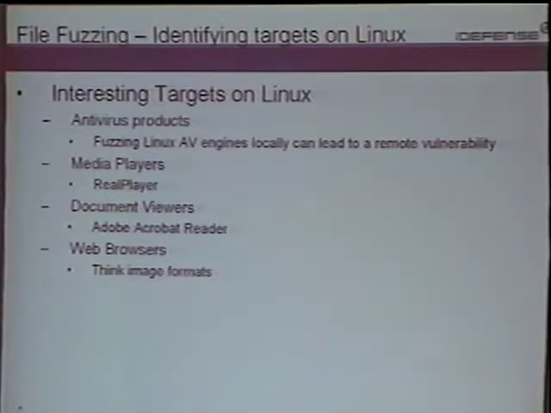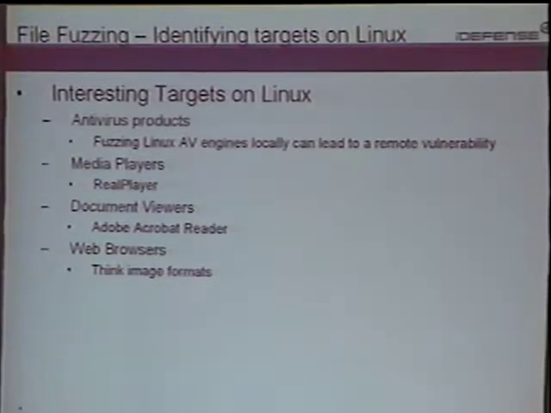Okay, so finding targets on Linux is a little bit different than Windows because you're not necessarily targeting point-and-click things that are going to open. The most interesting target, in my opinion, on Linux is some of the antivirus products, be it open source ones like Clam AV, or a lot of the commercial AV companies actually have engines for Linux.